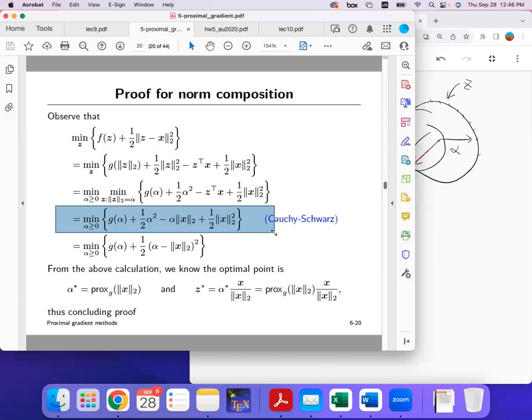So what we do is we can put all these quadratic terms together into a square term. Okay, simple calculation. And then we just need to solve this minimization problem.